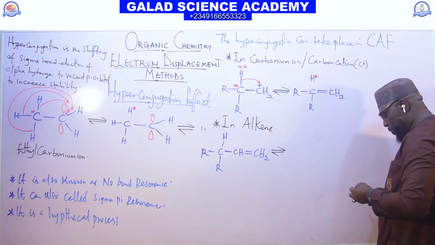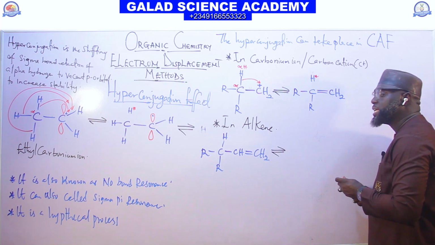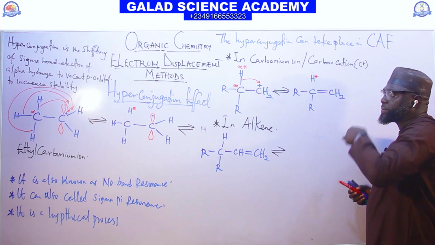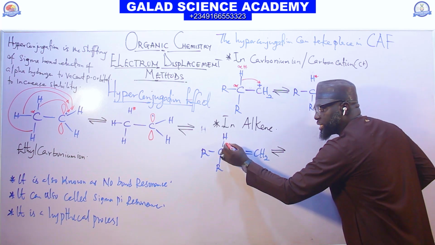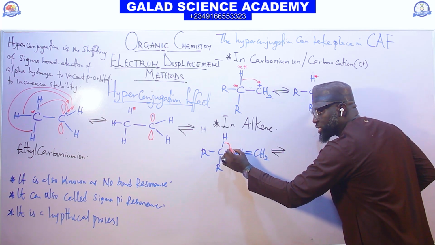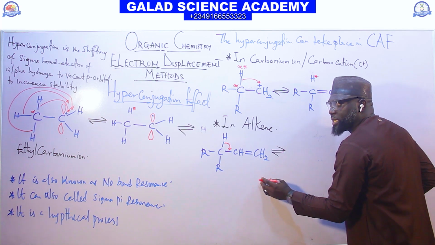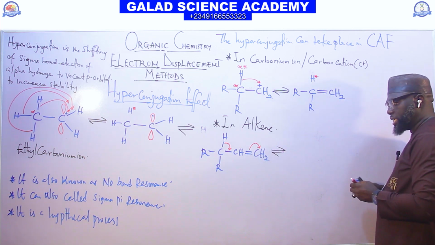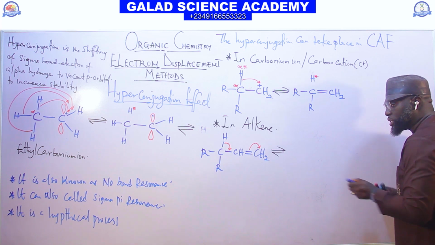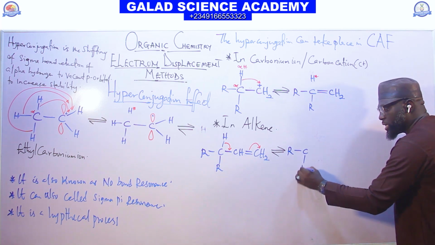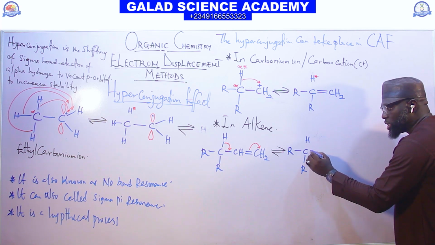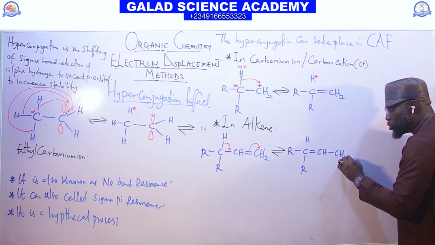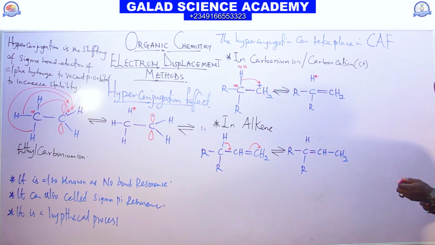And the last aspect: when this sigma bond of hydrogen shifts to this side, the pi bond will come to this side. As a result of that, we are going to have R, C, H, a double bond, H, C, CH2 minus.